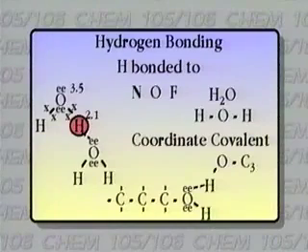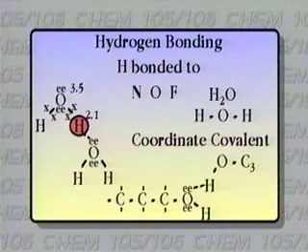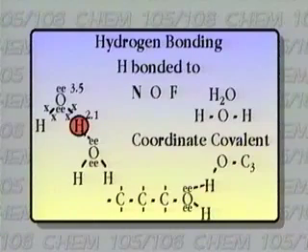So we would have hydrogen bonding existing. And as I indicated, this is the strongest of the intermolecular forces that exist. If we have hydrogen bonding, it is the predominant force in the liquid.